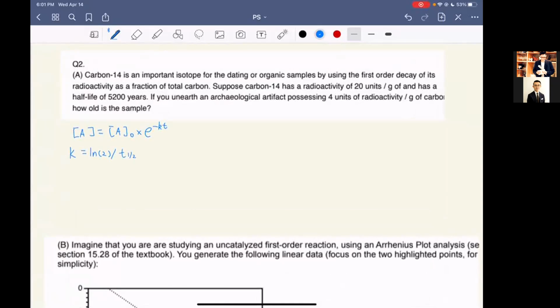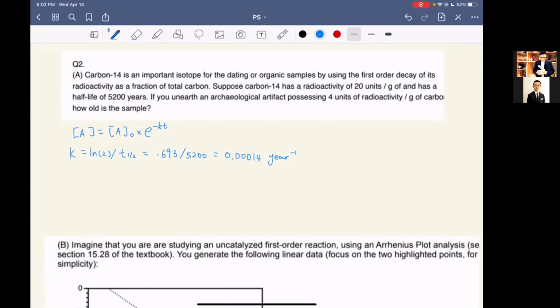Since the half-life is 5,200 years, the rate constant is log 2 over 5,200, which gives us 0.00014 per year.